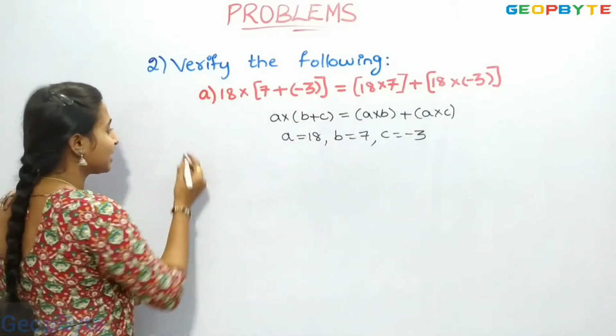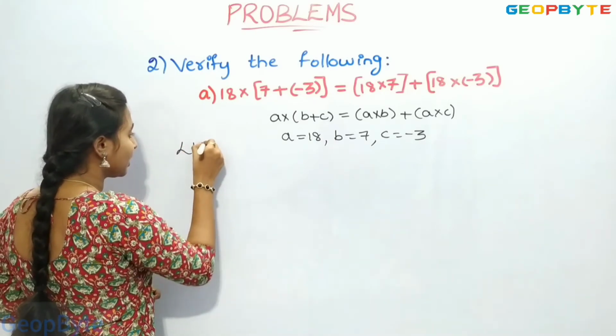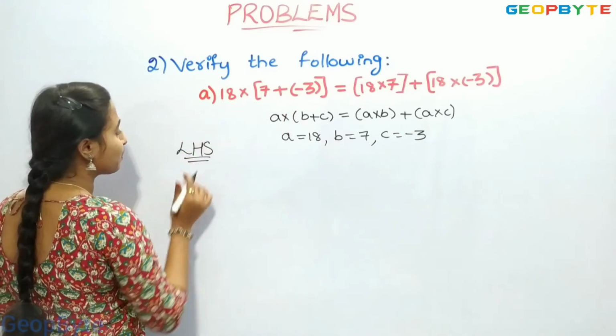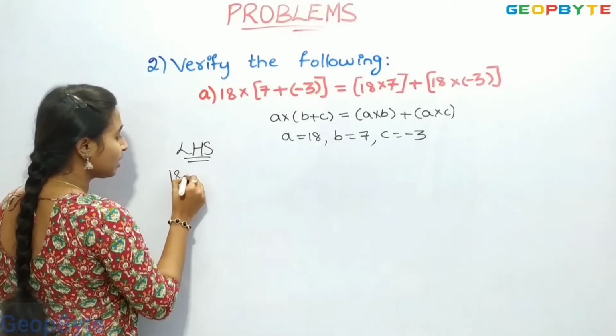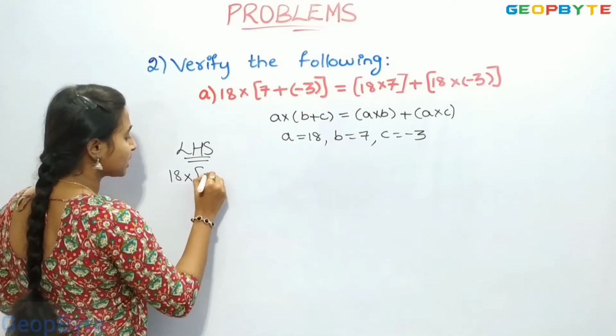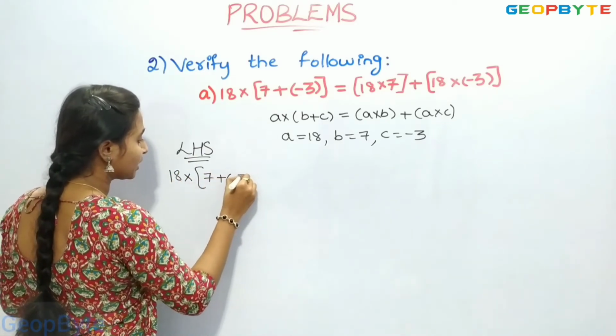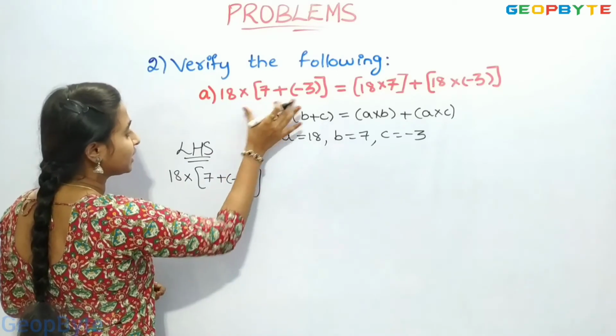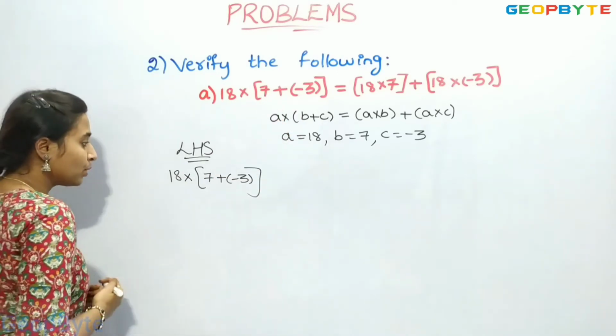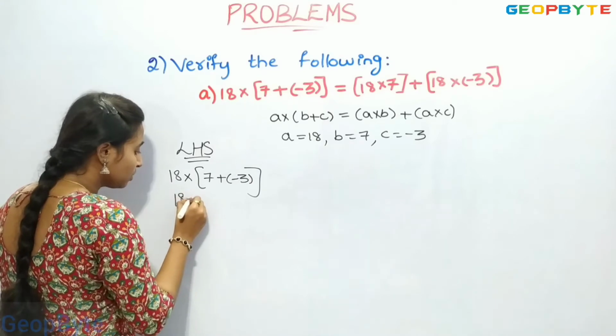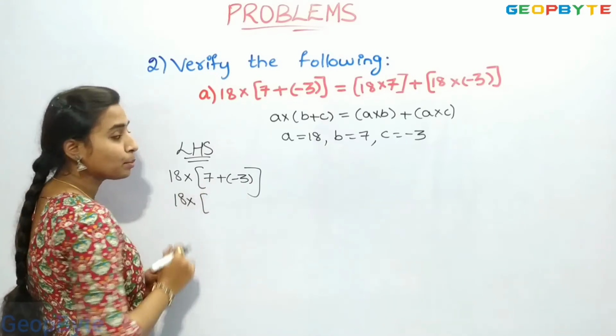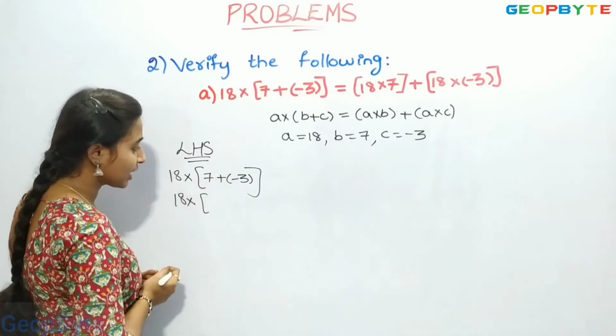First, let us take the left hand side, that is LHS. This part 18 into 7 plus of minus 3. This is the given thing. Now, let us do the part which is inside the brackets.